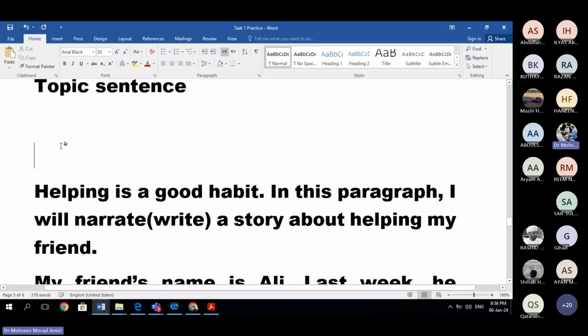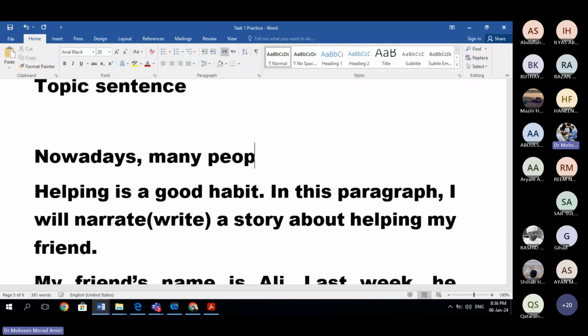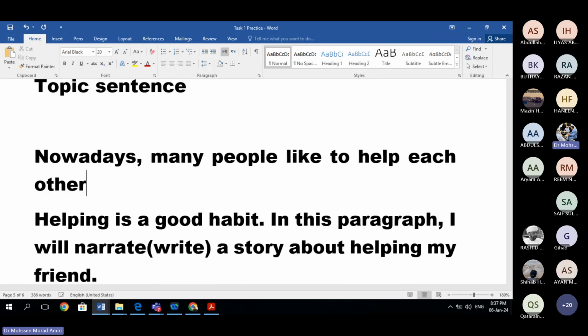Or for example, you can say that nowadays, many people like to help each other. For example, in a general way, I wrote this one. This is topic sentence. Okay?